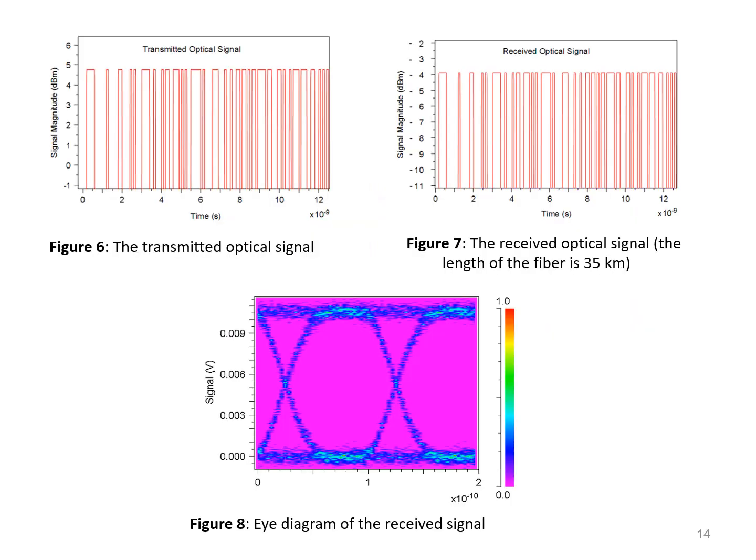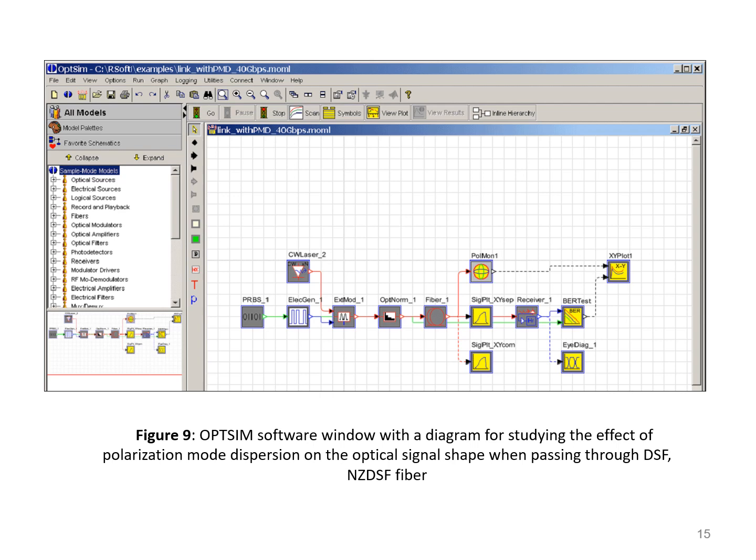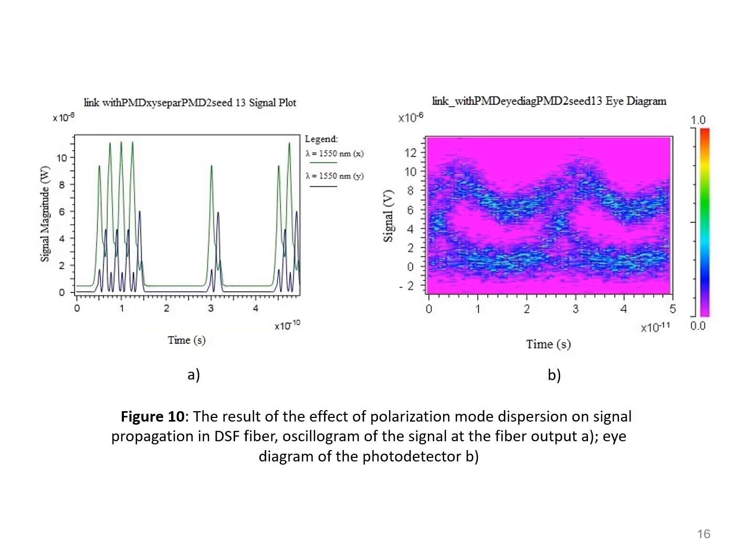This slide shows the waveforms of the transmitter and receiver and the eye diagram. The effect of polarization mode dispersion is studied according to the scheme shown on this slide. These are the signal characteristics.